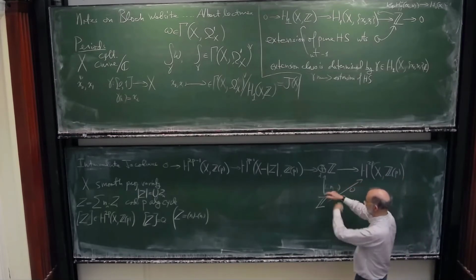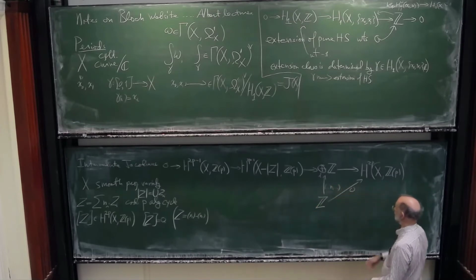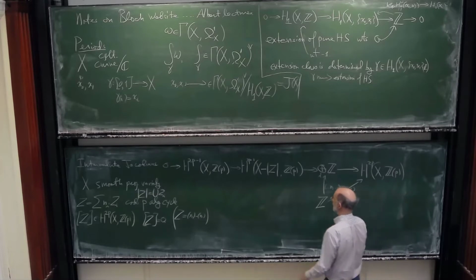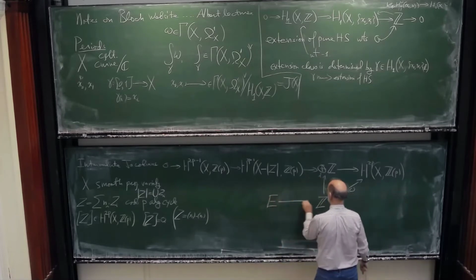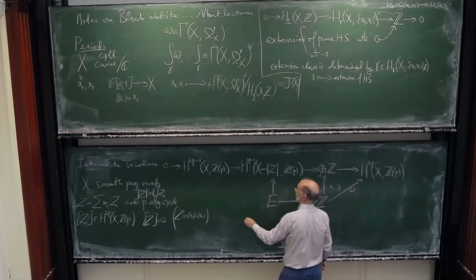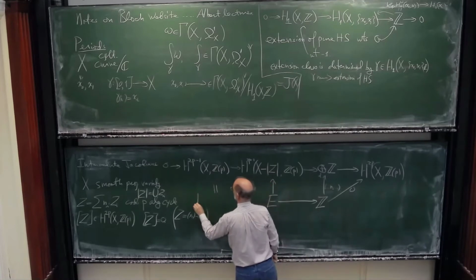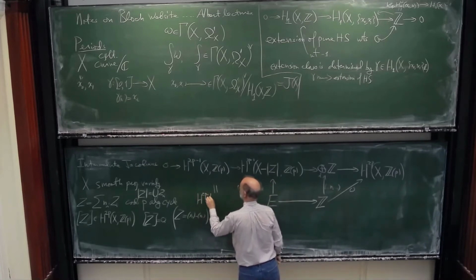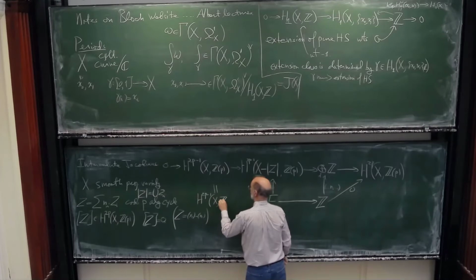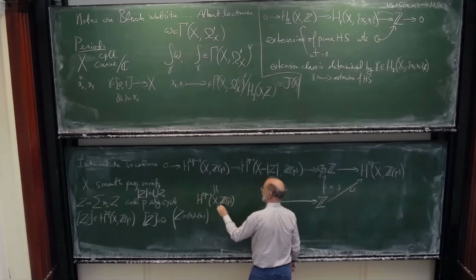And so if you do a little bit of homological algebra, you find you can pull back and you get a certain extension called E with the same H^{2p-1} of X, Z(p), and it goes to 0.